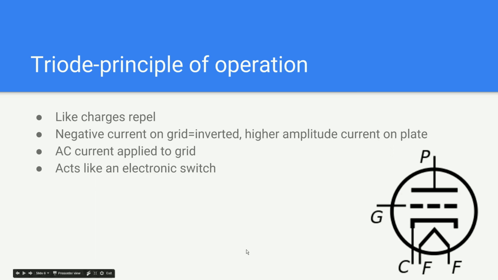Alright, like I said before, like charges of the electrons repel. So when they are flying out of the cathode and over to the anode, if you add some in between, that blocks them from flying past the grid. So the more voltage you have on the grid, the less voltage you're going to get on the plate or the anode.